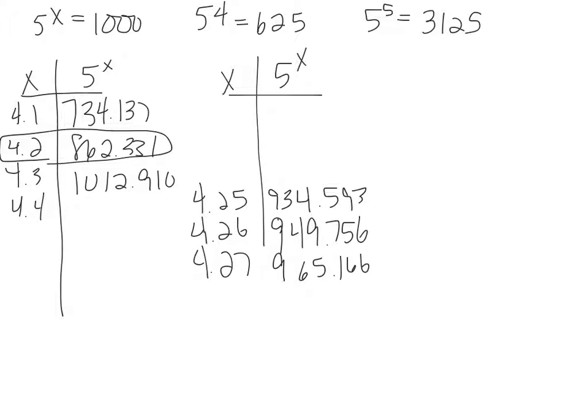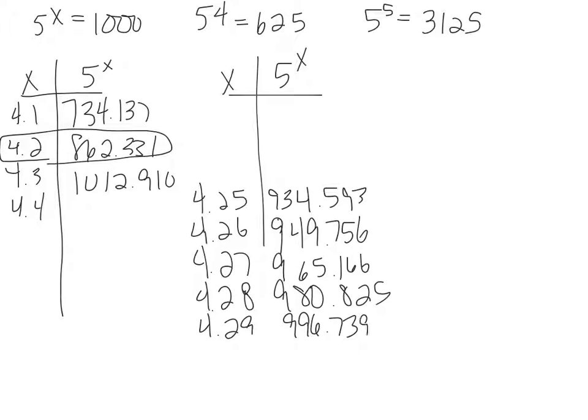Was this fun watching me do math? 4.28 is 980.825. 5 to the 4.29 is 996.739. We already know what 4.3 is. So we're going to stick with that 4.29 and go one more time.